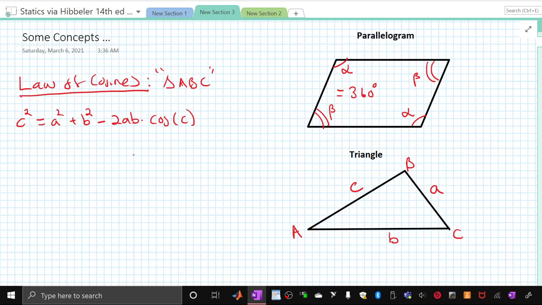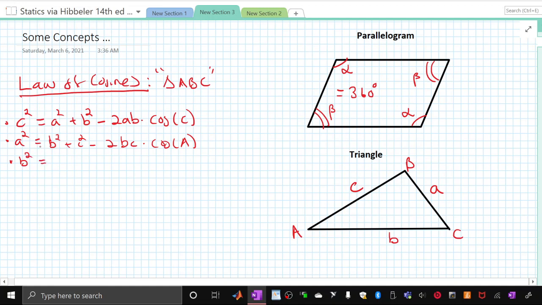There are other alternatives of describing this law of cosines. Another way of doing it is a squared is equal to b squared plus c squared minus 2bc times the cosine of A. And just for completeness, I'm going to give you the other one.